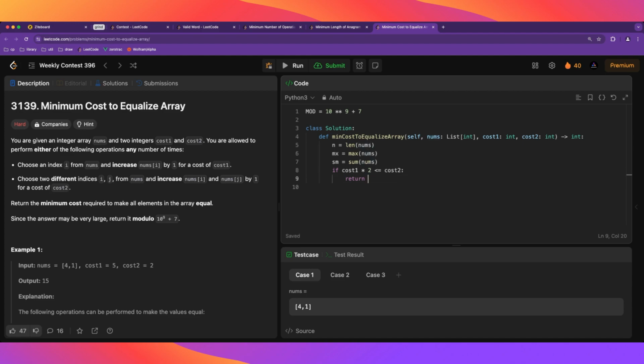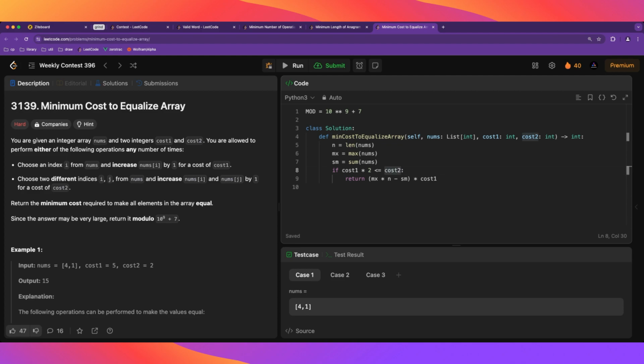If we're going to do one operation, then we can get them all to the maximum, right? And the number of times we have to increment is going to be the maximum times n minus the sum, right? This is how many we have to increment by 1 to get them all to the maximum value. And we're going to do that at cost 1.